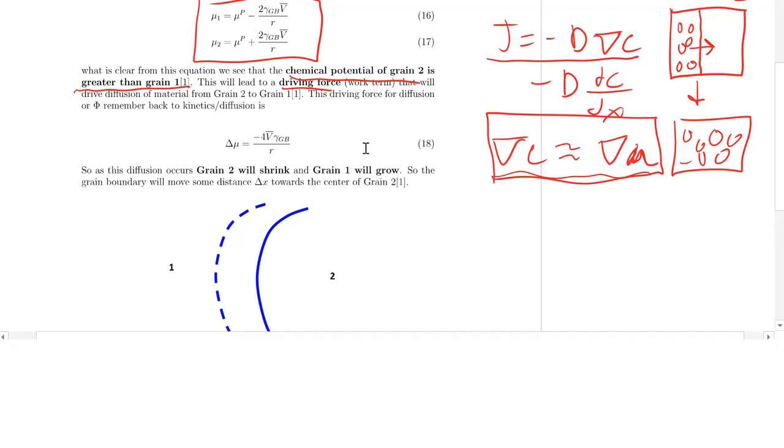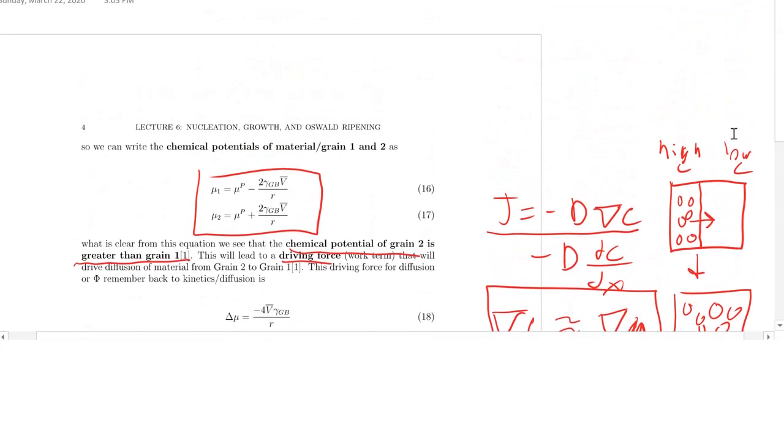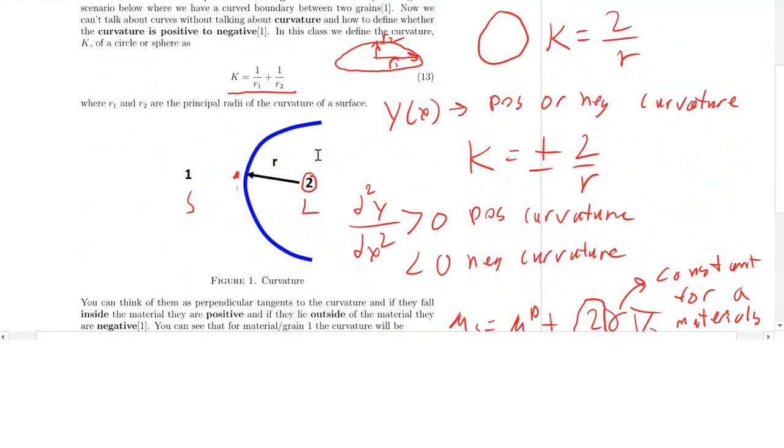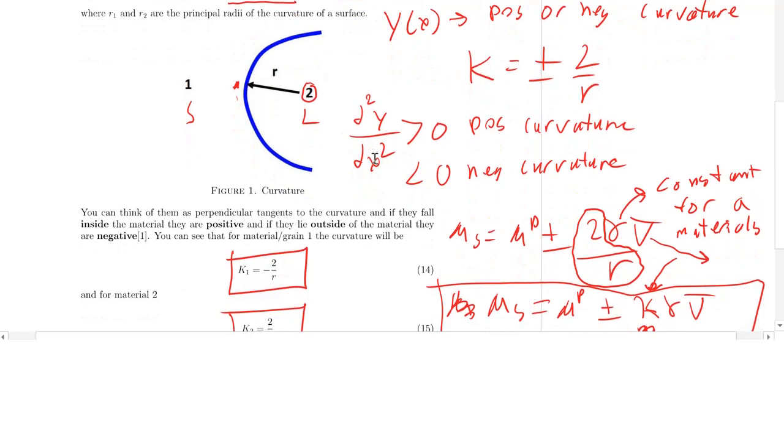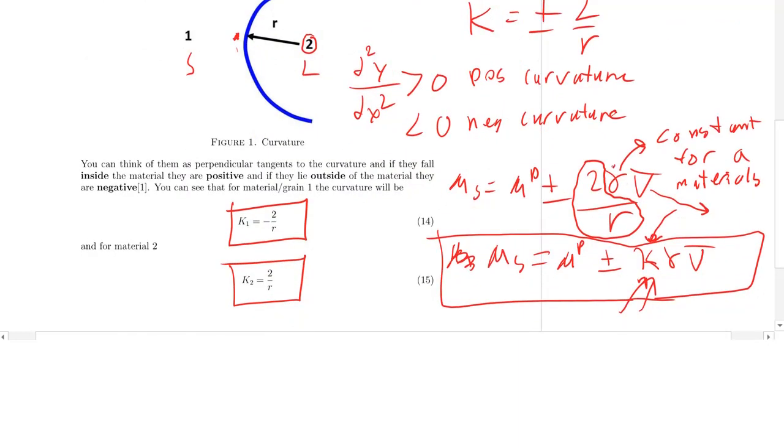So let's go back up a page and think about where atoms will flow here. Where is chemical potential high? Like we just said, this is a constant, this is a constant, this is positive, this is positive. This will be positive as well. Sorry for all the writing.